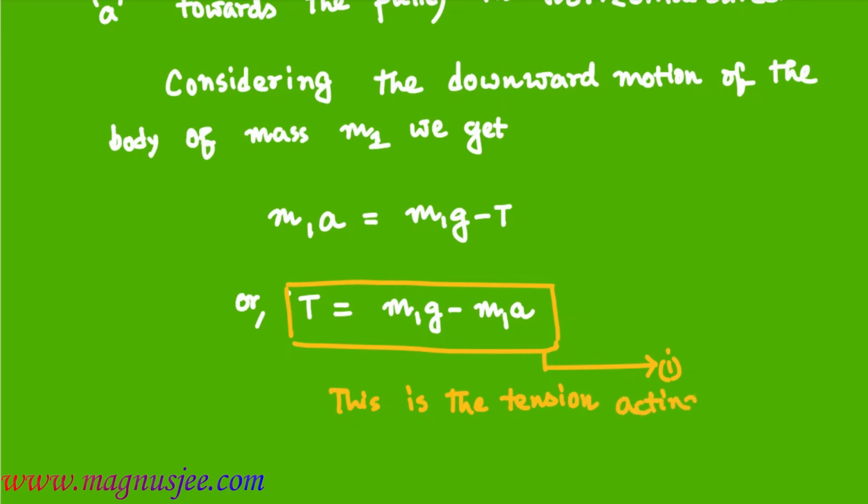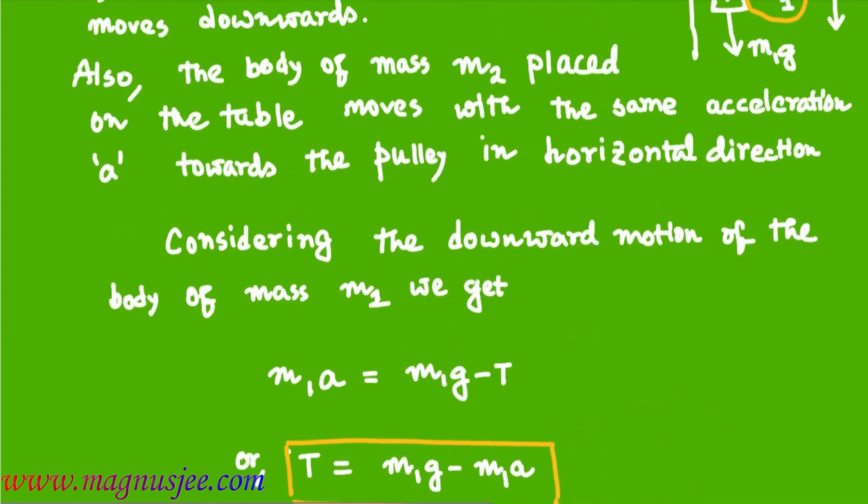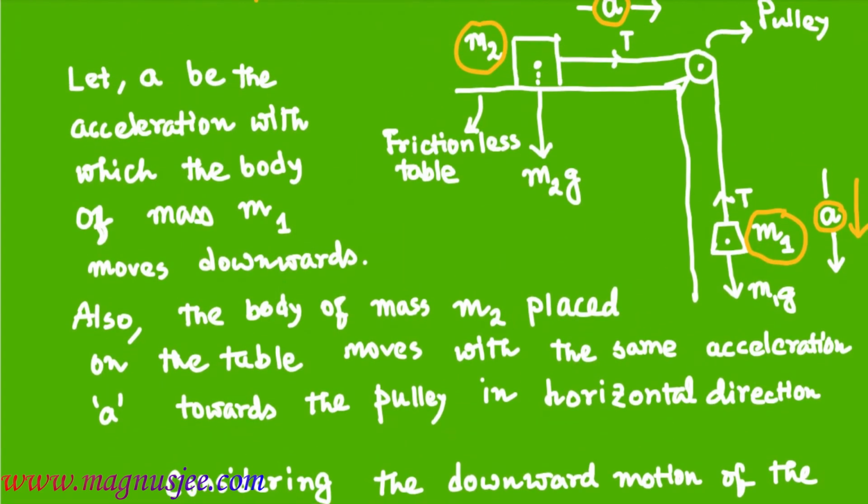This is the tension acting in the string in connection with the downward motion of the body of mass m1. For the body of mass m1, m1g is the weight acting downwards, and T is the tension acting in the string upwards. So net downward force acting on m1 is m1a, which will be again equal to m1g minus T.